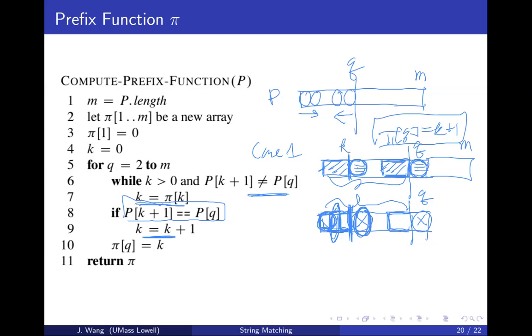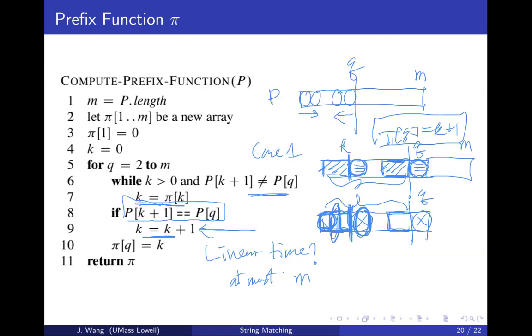All right, so why is it linear time? First you look at how many times I can increase this value k. Your q starts from 2 to m, so the number of times you can increase this k is at most m.